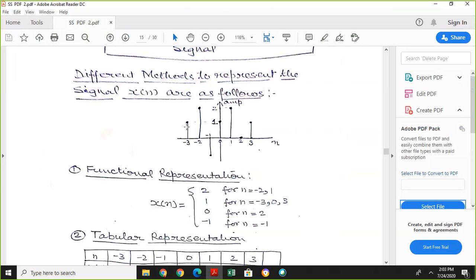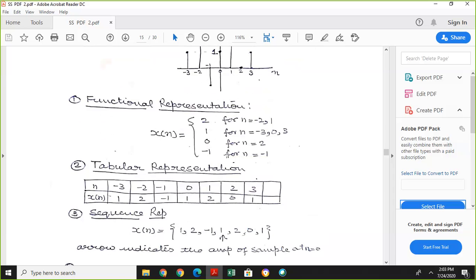Then it is 1 when n is -3, when n is 0 and when n is 3. When n is 2, x of n is 0, and when n is -1 then the value of x of n is -1.